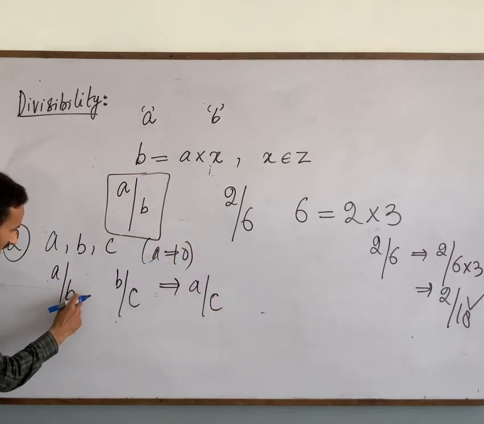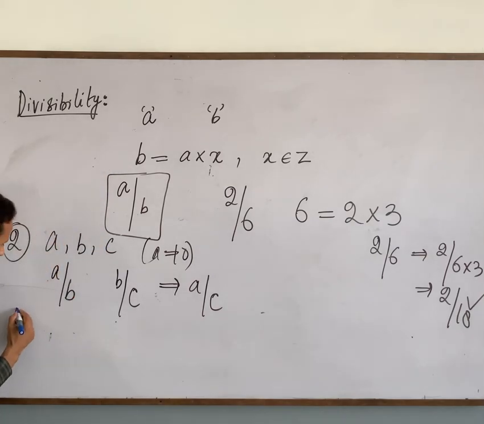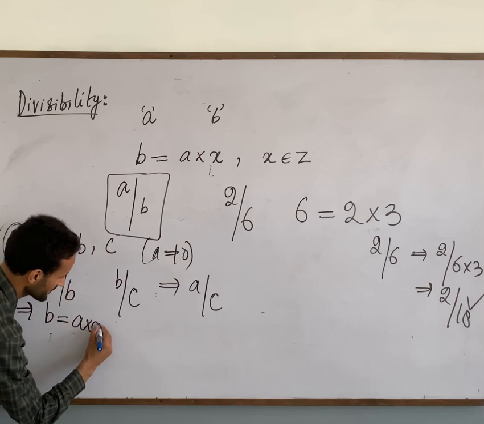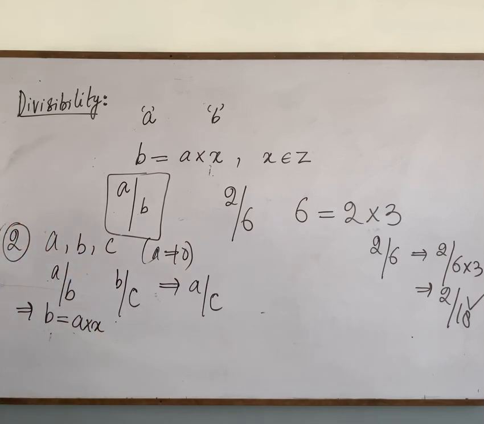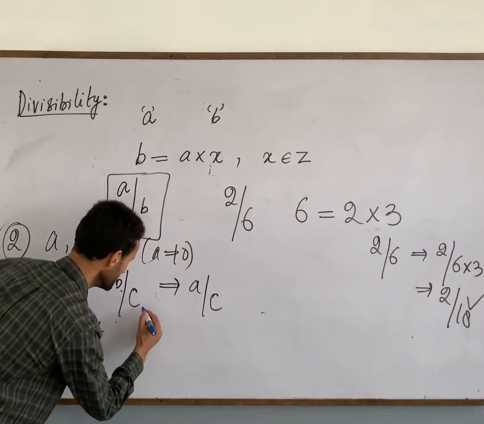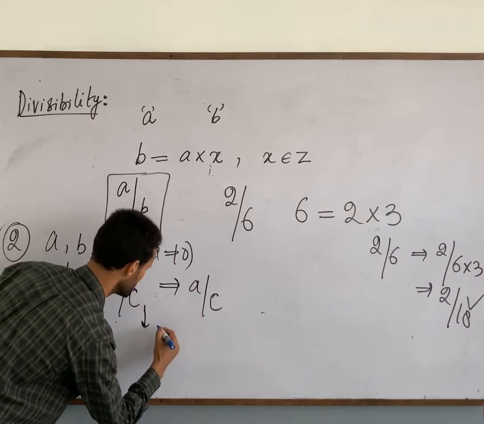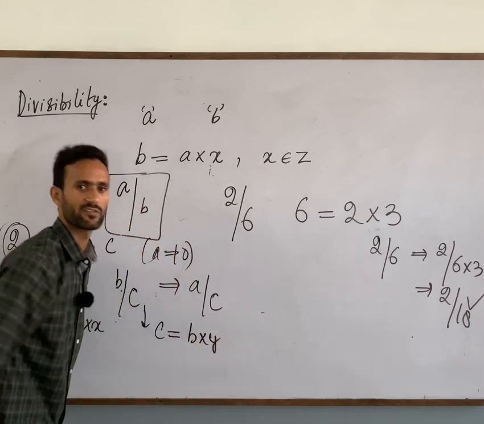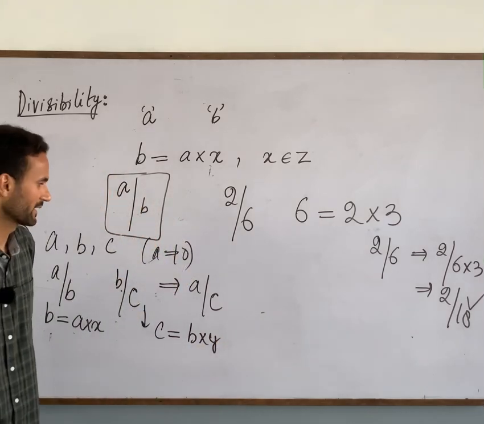Since a divides b, by the definition of divisibility, we can write b as the divisor into some integer x, where x is an integer. Similarly, b divides c, so we can write c as b into y, where y is an integer, right?